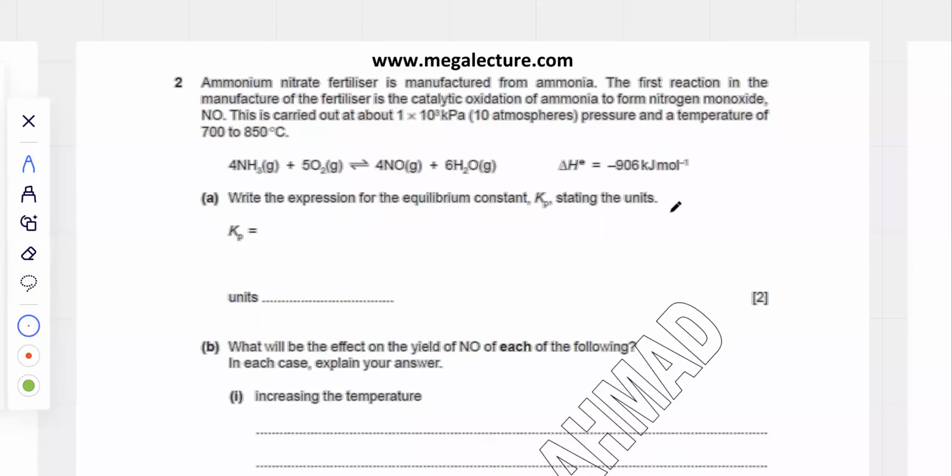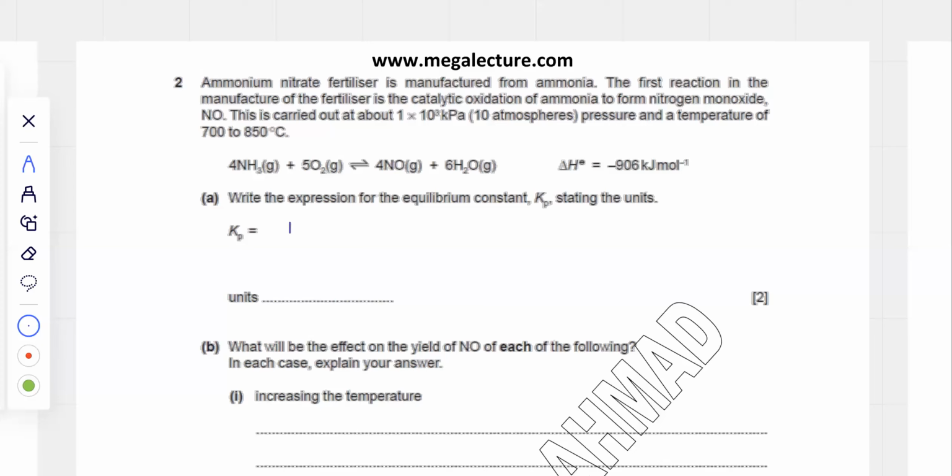Just coming back to this, I just have to calculate the value of, just a second, my mic is up here. So coming back to the value of Kp, he's just asking for the expression for Kp, and the expression for Kp is going to be products over reactants.